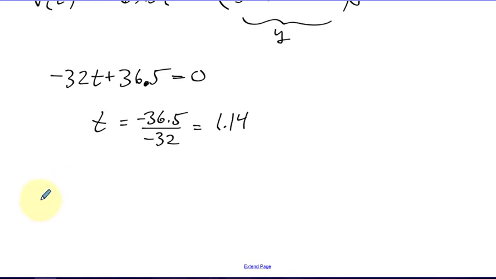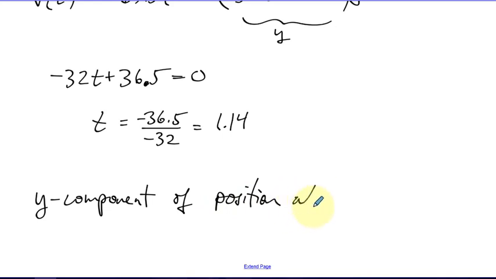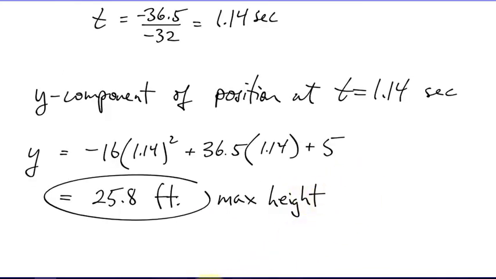So I have to go back to the position vector at this instant, but I only need the y component. So let's just get right to the answer. So we'll just say y component of position. So there's the max height for this projectile.